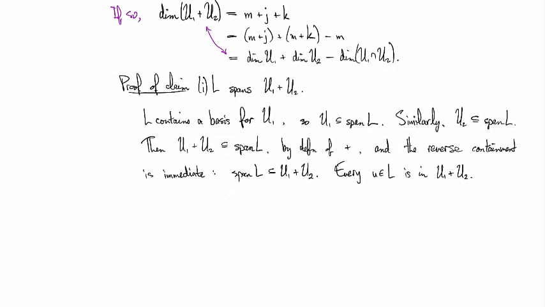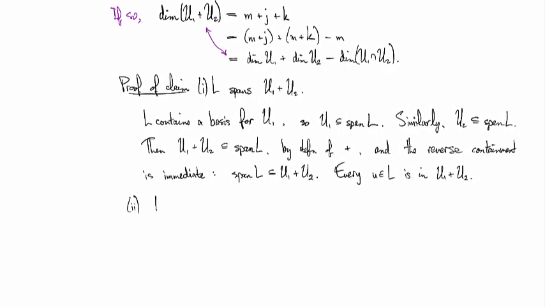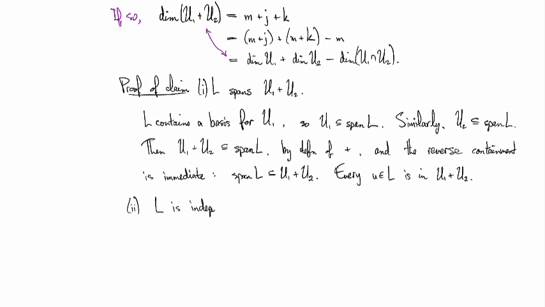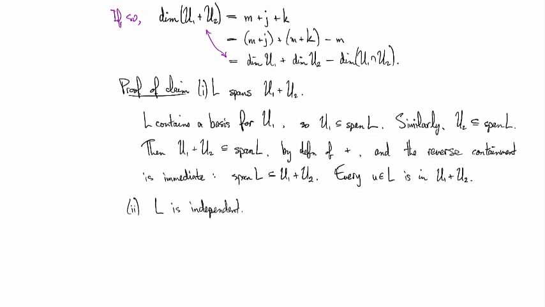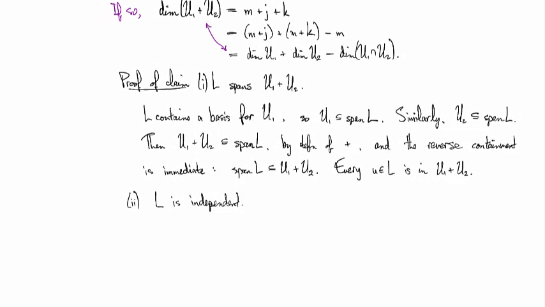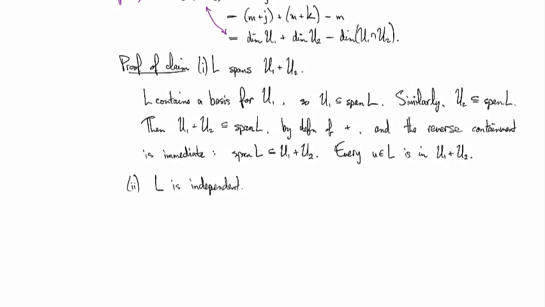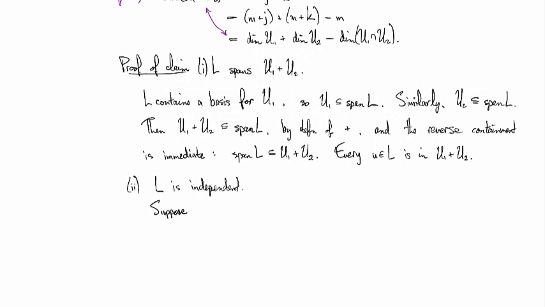So that was the first part. But then for something to be a basis, we also have to have that it's independent. So suppose we have a dependence relation. Now this is going to be a long hairy mess because of all the parts involved, right?